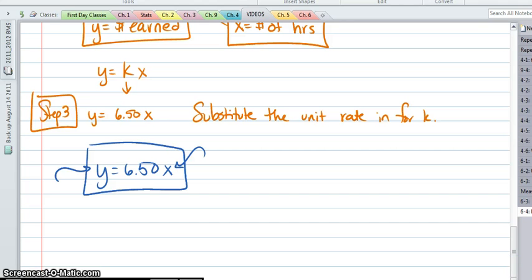What were we given? 25 hours. So she's probably been babysitting for the same family a little bit every day after school. So we know we are given 25 hours. We want to substitute and solve for y.